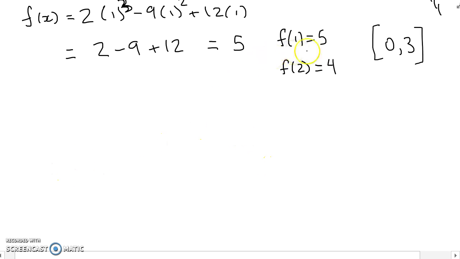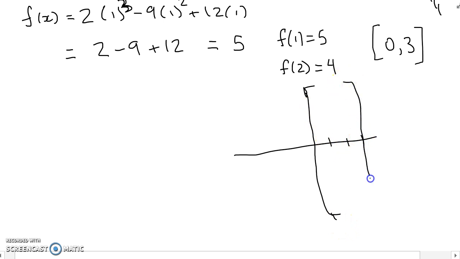We have to also plug in x as 0 and 3, because currently we're looking at a graph between 0 and 3. So we know that f of 1 equals 5, and f of 2 is 4.